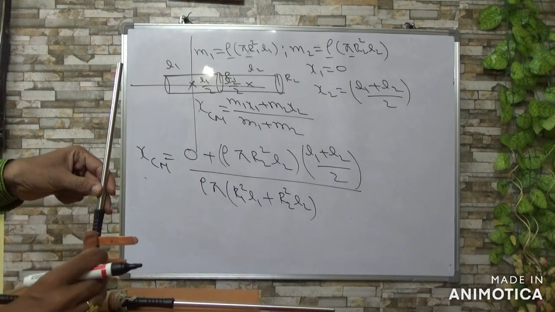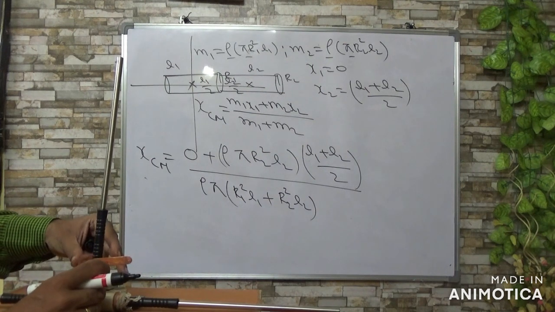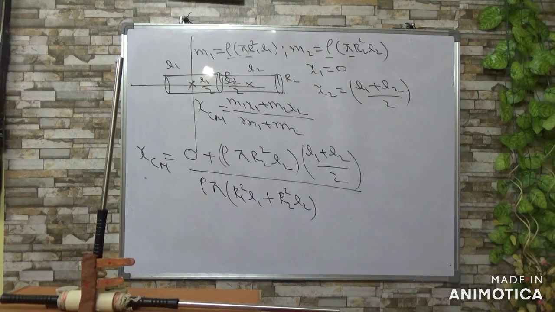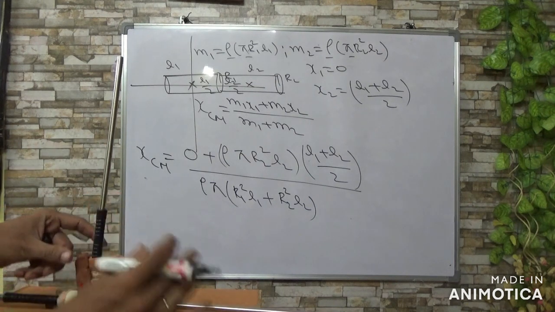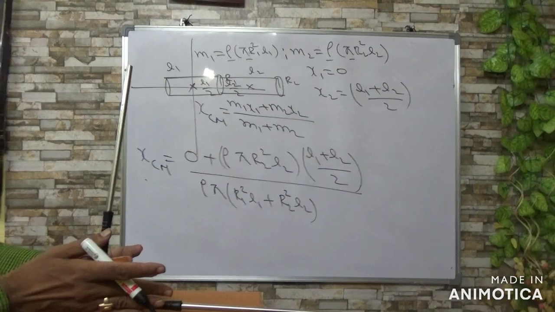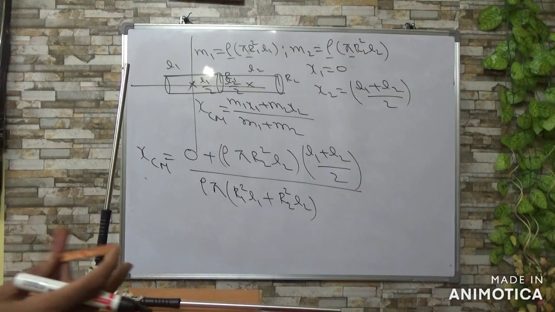Let us suppose three blocks of masses 1, 2, 3 are arranged in the form of the letter F, or they may be arranged in the form of the letter E, or they can be arranged in this way also.